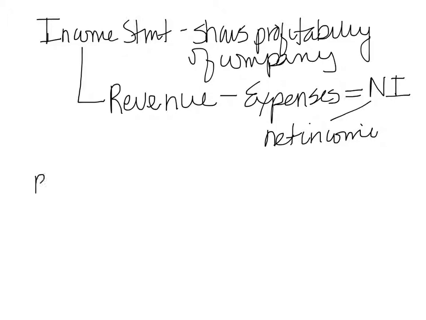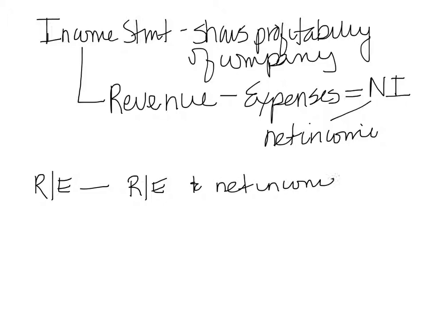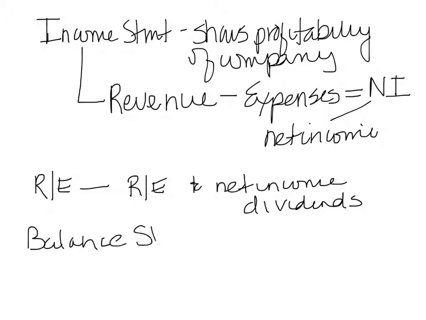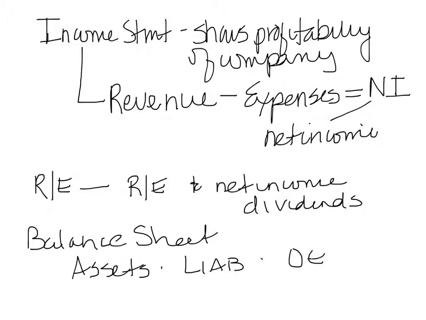We also learned that there's another statement called the Statement of Retained Earnings, and on that we have retained earnings, net income, and dividends. And we'll see how they flow in the next learning module. And last, we showed what the balance sheet had on it. The balance sheet has assets, liabilities, and owner's equity on it.